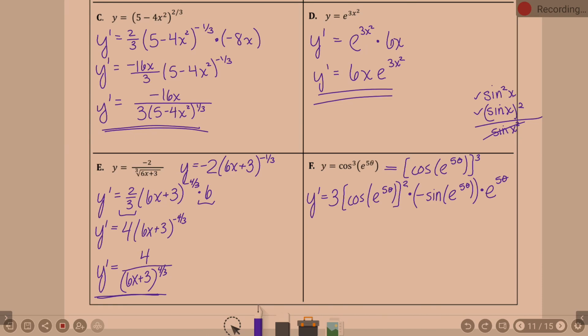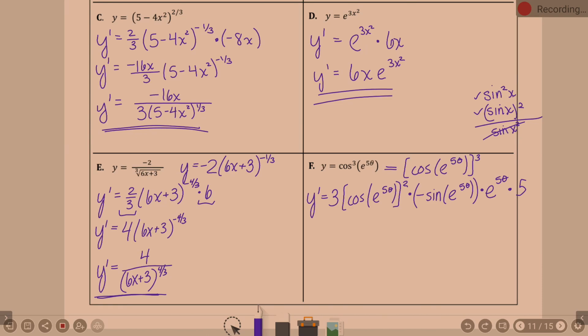We've got one more. What about this power? What's the derivative of 5 theta? 5. It's like asking what's the derivative of 5x? 5.